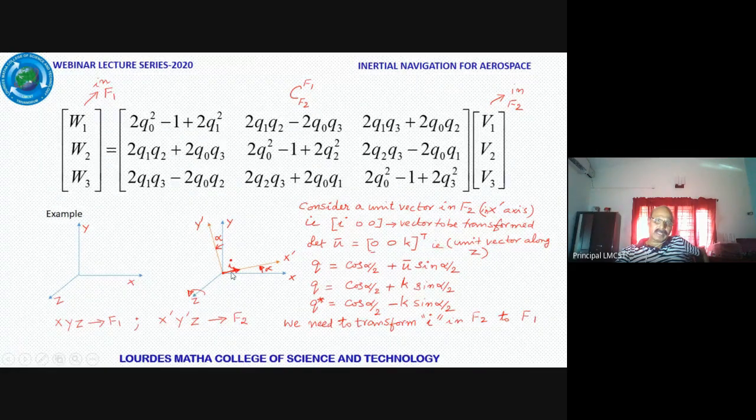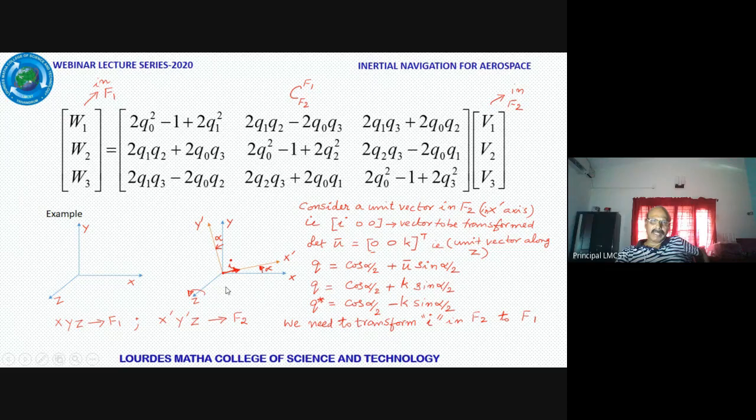I am taking a unit vector on X dash and calling it I, a unit vector on this axis. And I'm calling this a vector, therefore that vector is simply I, 0, 0. And this I want to transform to my old frame. This is in the rotated frame, X dash, Y dash, Z. This I is in that frame, represented in this way. Now I want to represent this in the old frame X, Y, Z. That's what I'm trying to do. It's a very elementary example to see how it works.